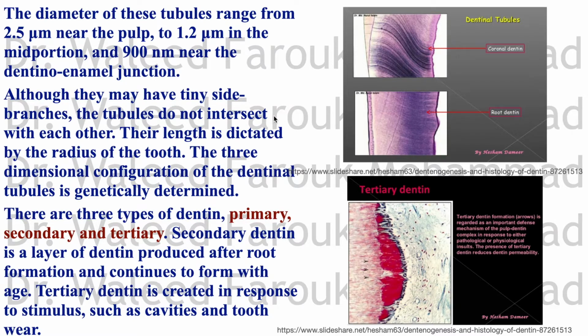Diameter ranges between 2.5 micrometers and 1.2 micrometers, and 900 nanometers near the dentino-enamel junction, which is the thinnest region of the tubules.